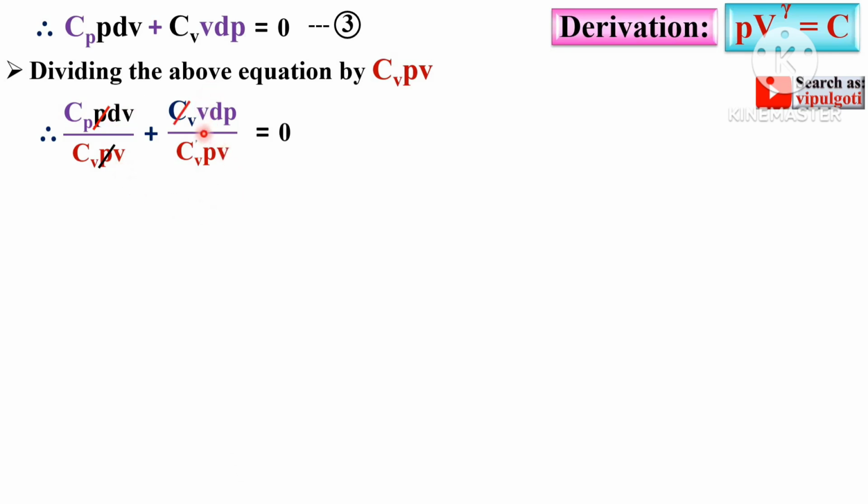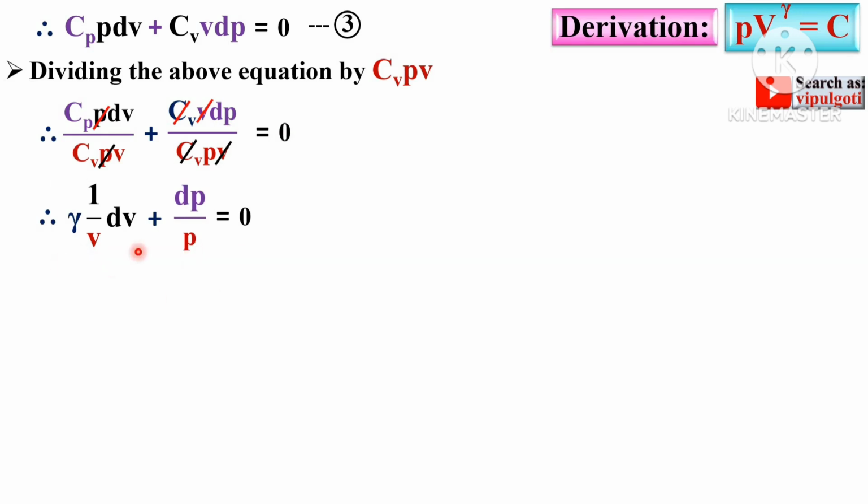Here you can cancel Cv, as well as V and V also. Now you know that Cp by Cv is the ratio of the specific heats, and Cp by Cv is equal to gamma. So gamma times 1 upon V dV, plus dP by P is equal to 0.